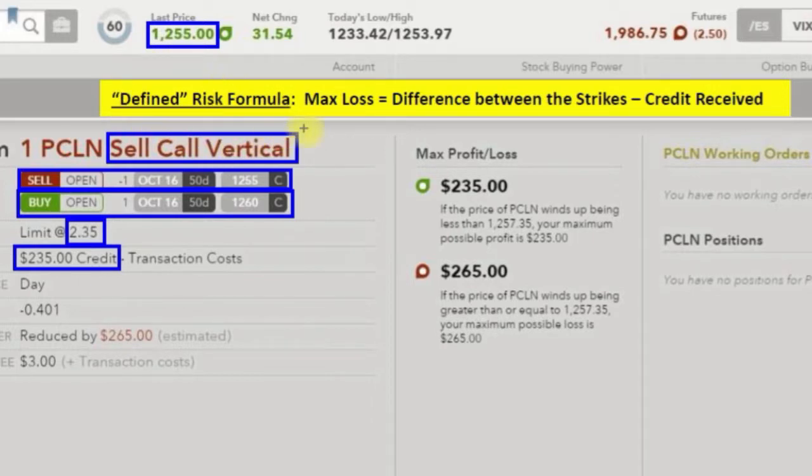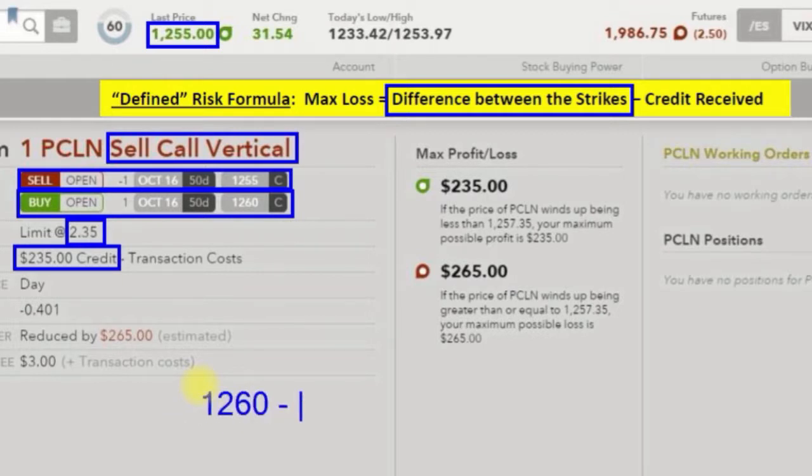So our defined risk formula is our max loss is the difference between the strikes. And what is that? Well, in this case, our strikes are $12.60 and $12.55. So the difference between those two is $5. And remember, everything in options is times 100, so the difference between the strikes is actually $500, minus the credit received.